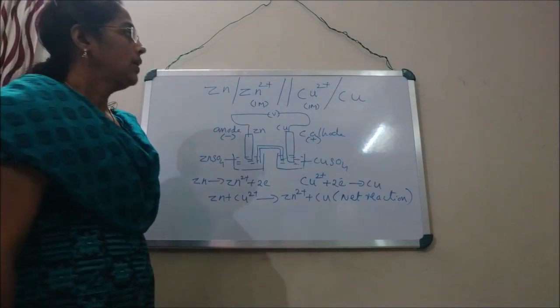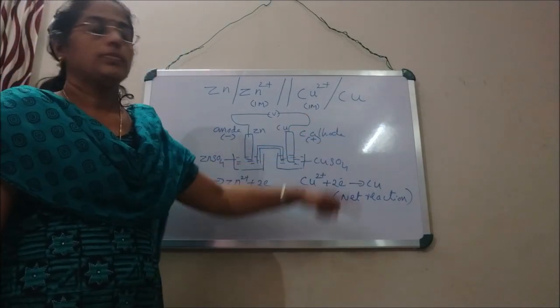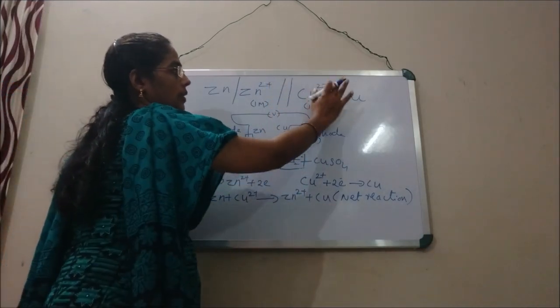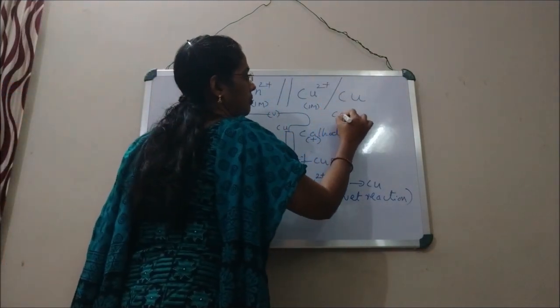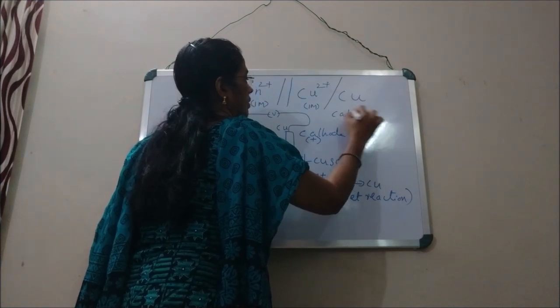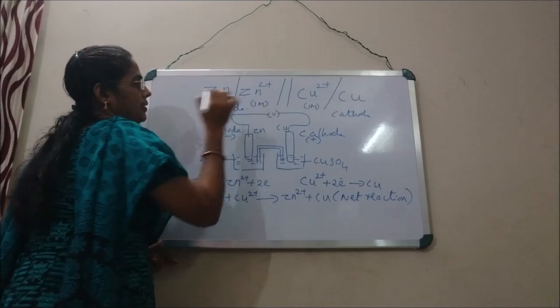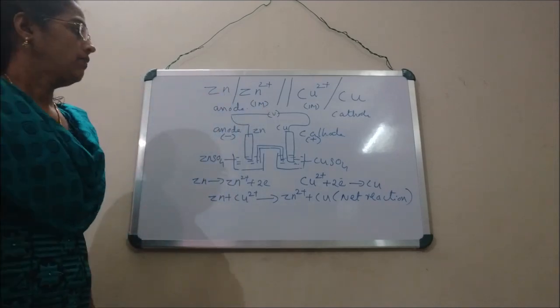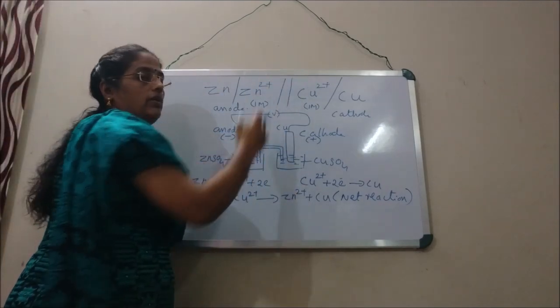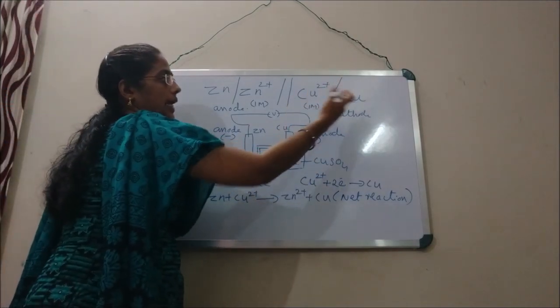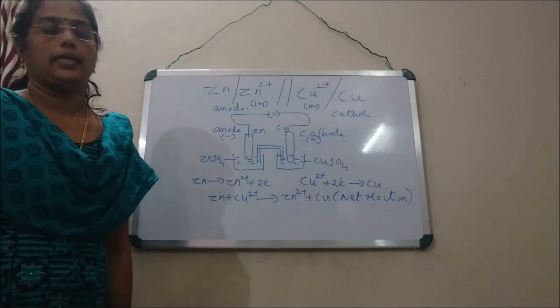You have to note that the cathode is always represented on the right hand side and the anode on the left hand side. While drawing this figure, when we are representing this cell, always represent the cathode on the right hand side.